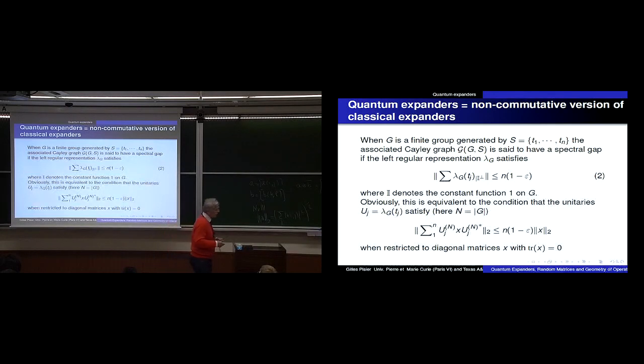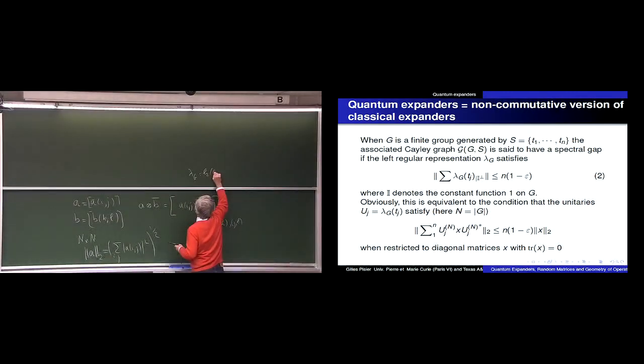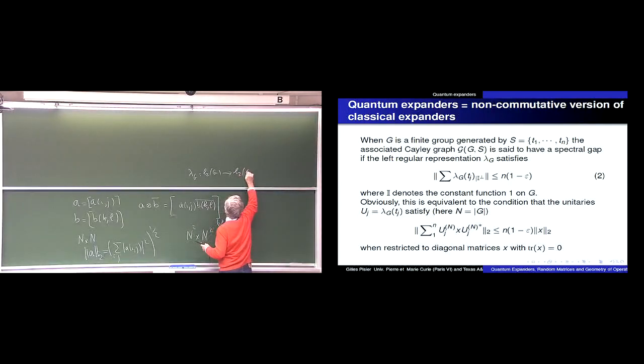So lambda G is the left regular representation. So lambda G takes L2G to L2G. The group is finite, but we can write all this. And this takes a basis element delta T to delta ST by lambda G S.